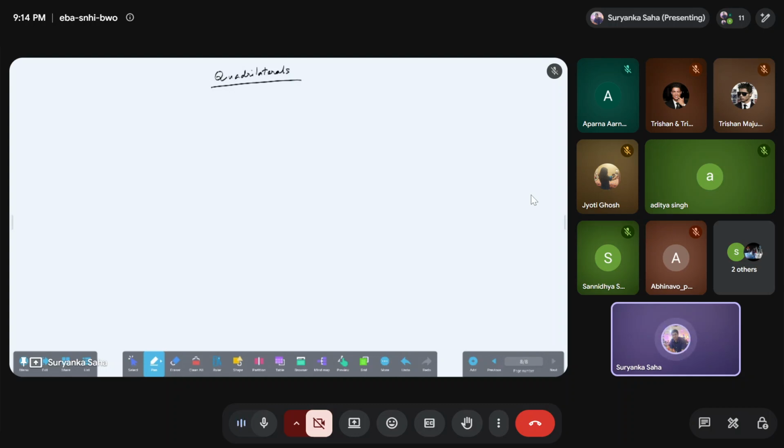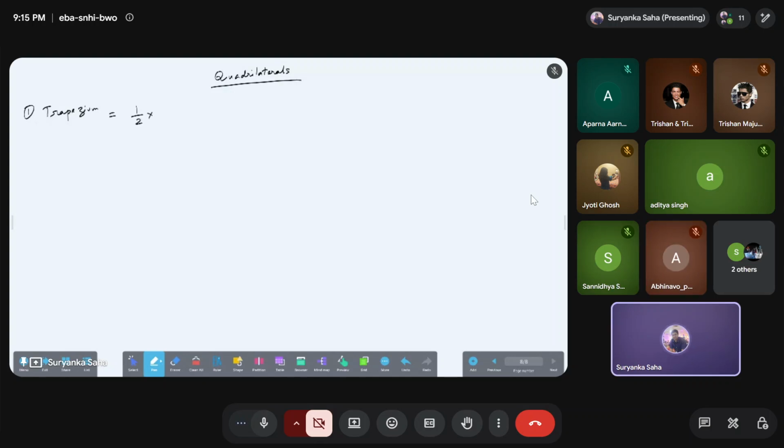Now quadrilaterals. Tell me, what is the formula for the area of a trapezium? Do you remember it? You've done it in class 8. Sir, half into sum of parallel sides into perpendicular. Yes.